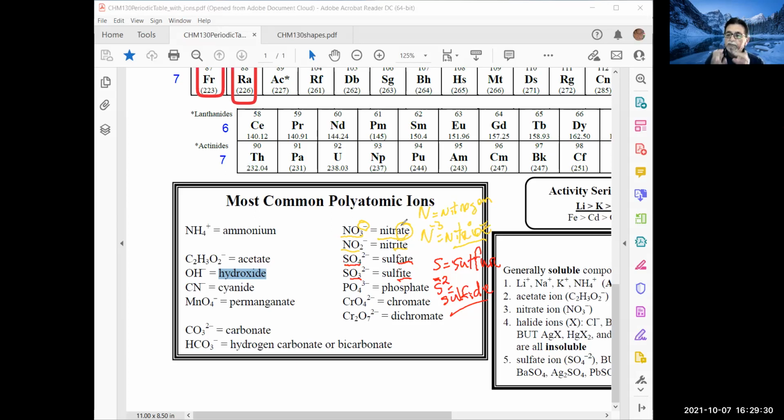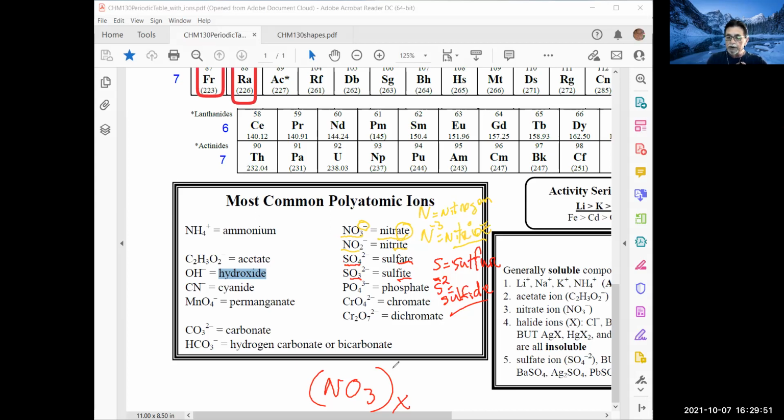If we need more than one, we don't add elements, we put parentheses around it. So if we take nitrate and for whatever reason need more than one, we put parentheses and a subscript X, where X can be 2, 3, 4, whatever you need.